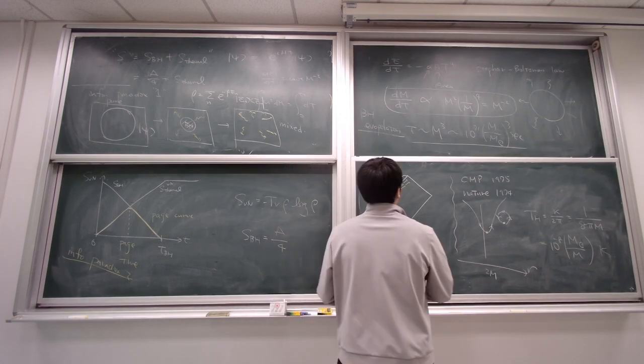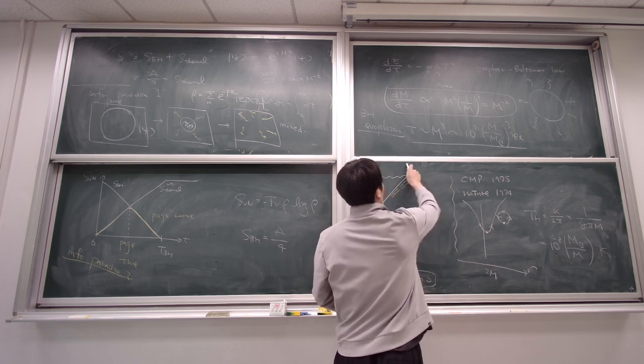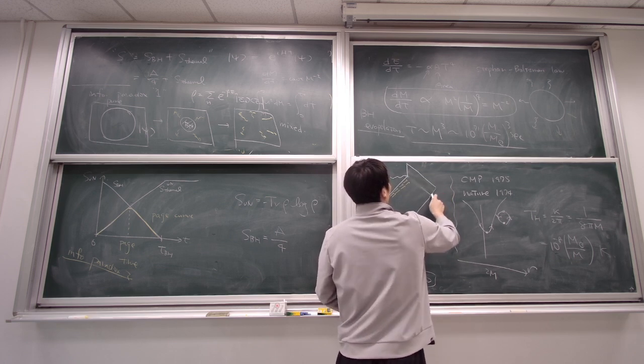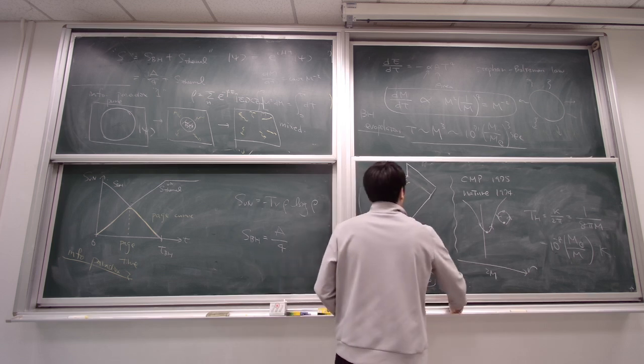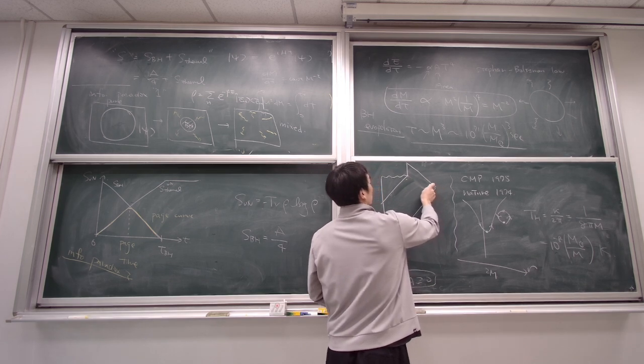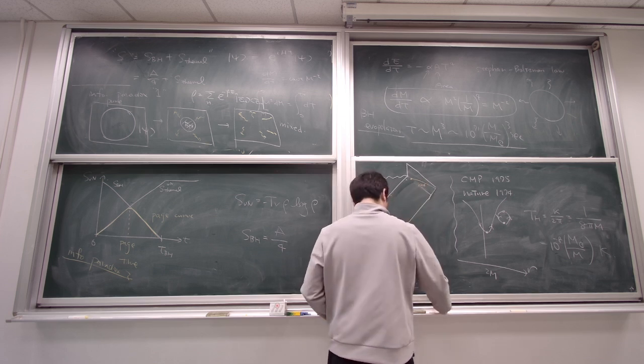I don't have time to talk about it. If you do the evaporation, the singularity disappears, and people draw it this way. The infinity observer will just receive radiation in here.